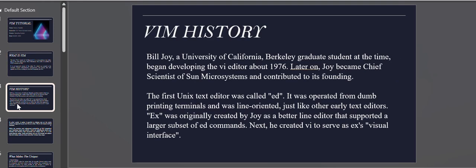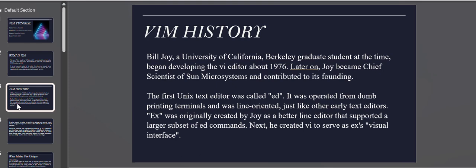And here is some of the history of Vim. A University of California graduate student at the time began developing the vi editor around 1976. His name is Bill Joy. Later on, Joy became chief scientist of Sun Microsystems and contributed to its founding.